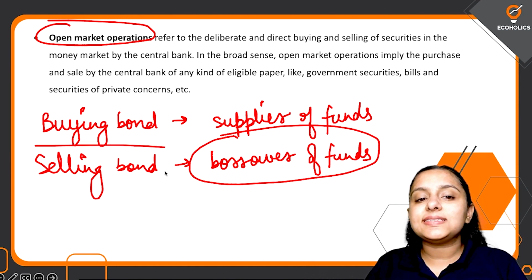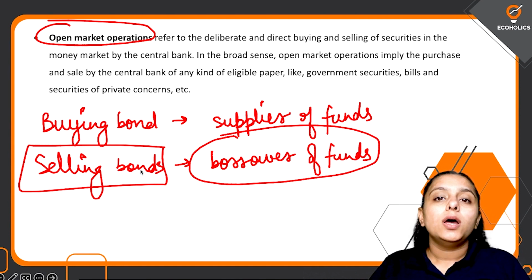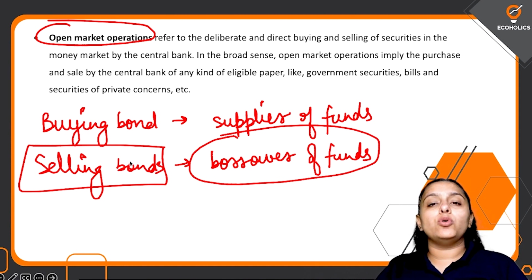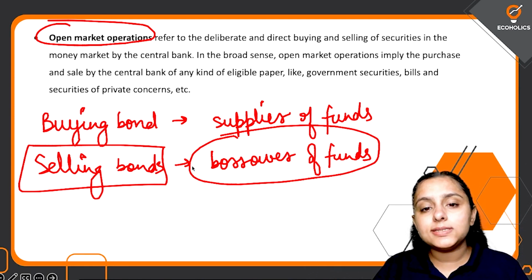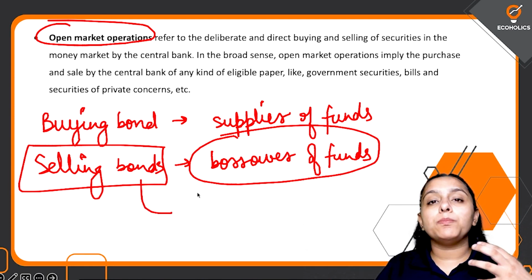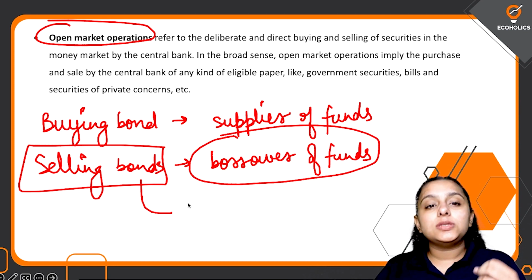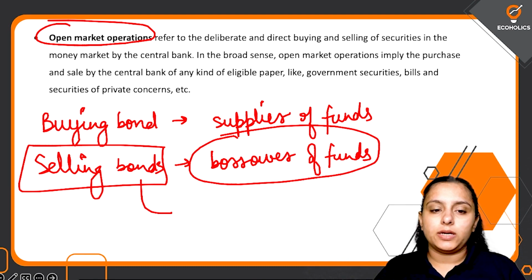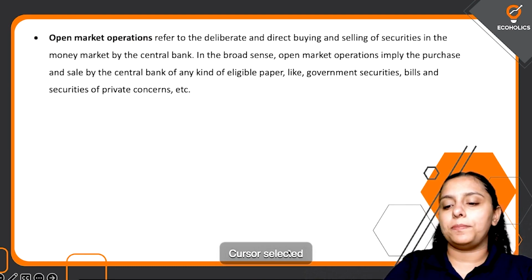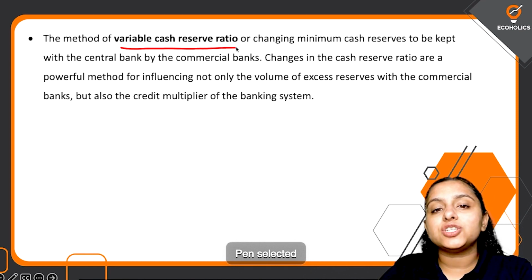By selling the bonds, the government securities, or the bills they hold, the people are going to buy them and give money to RBI. This way the money can be absorbed from the market. So that is open market operations.